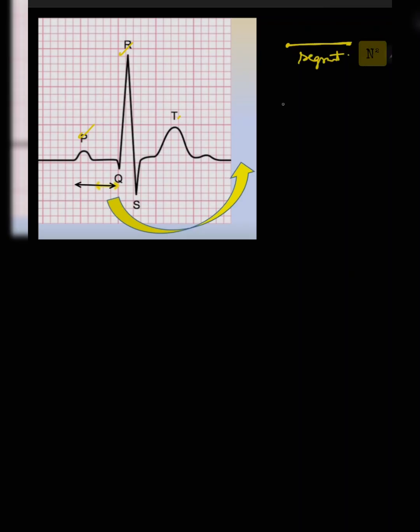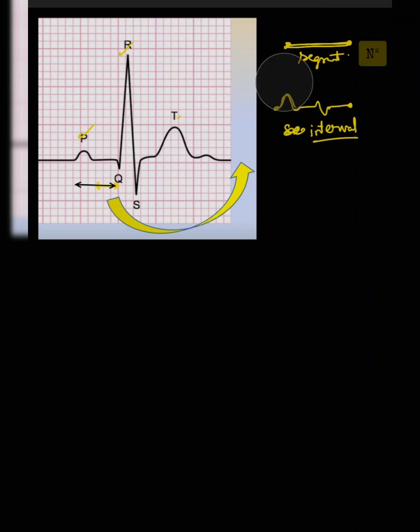And if two points are connected by not a straight line but there are some waves in between, those are called intervals. So segments are those parts of the ECG rhythm in which it is connected by straight lines, and intervals are those parameters in which you are connecting two points, and in the connection there might be some positive waves, there might be some negative waves. These are the normal fundamentals to interpret what is what.